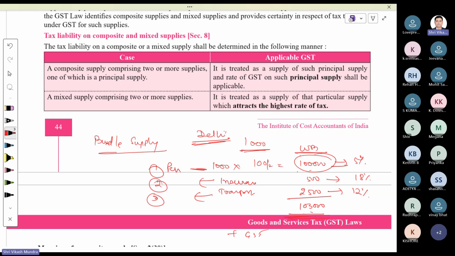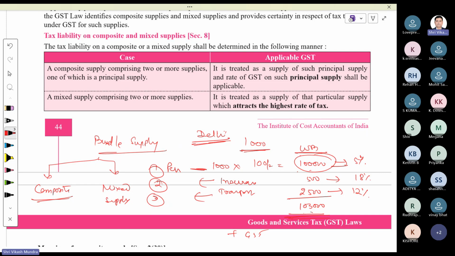The act is saying that each and every bundle supply is required to be examined, whether it is a composite supply or whether it is a mixed supply.